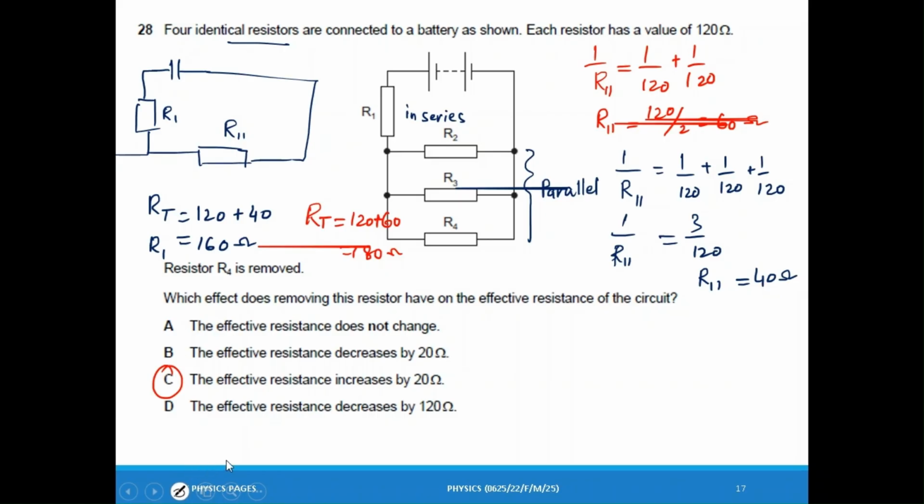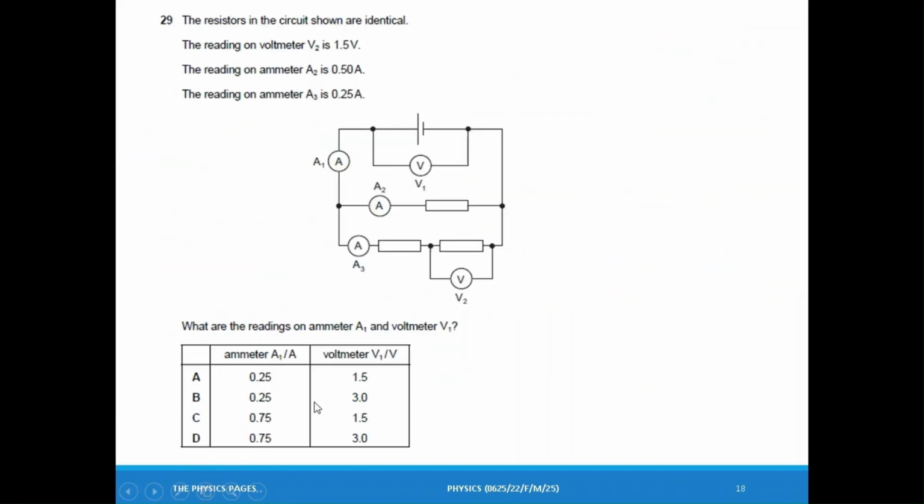Now moving to the next question. Question number 29 is similar, but we have to remember one thing if we are concerned with voltage and current: current is distributed in the branches. Here V2 is 1.5 volt, and current A2 is 0.5 and A3 is 0.25.